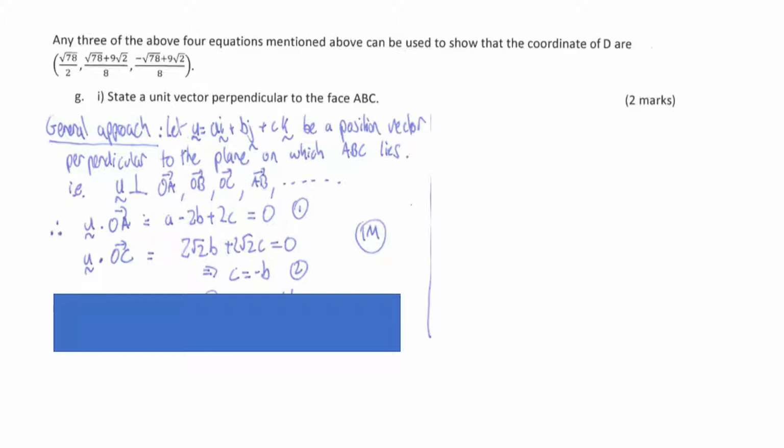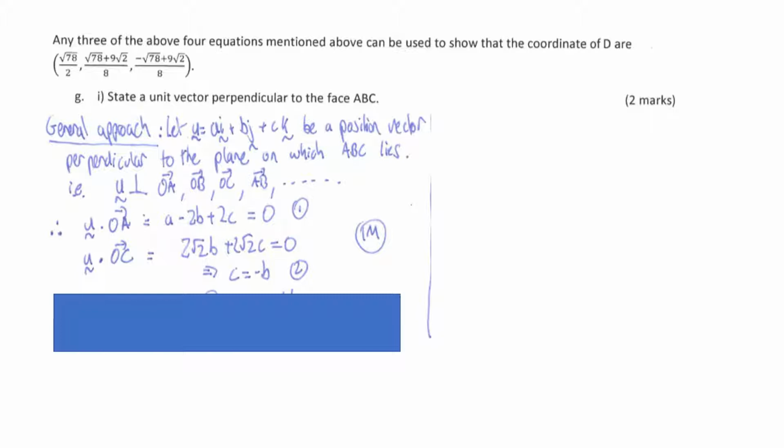So the general vector U dotted with OA gives you that relationship between a, b, and c. I do U with OC, and interestingly enough, I get the relationship c is equal to minus b. Now that's all you really need. So this doesn't even need to be done with a CAS.